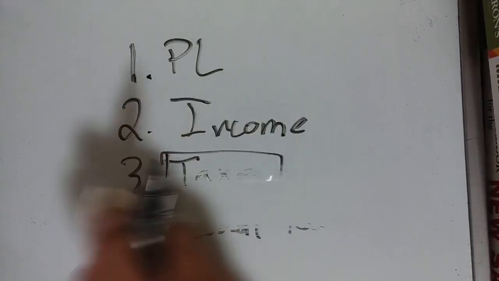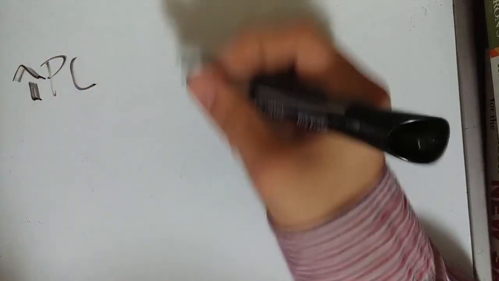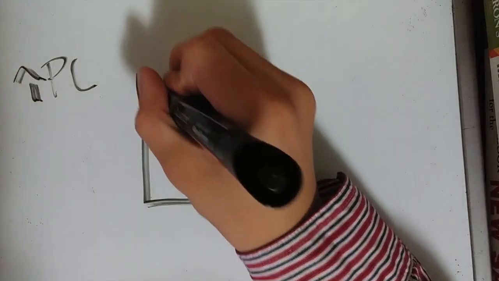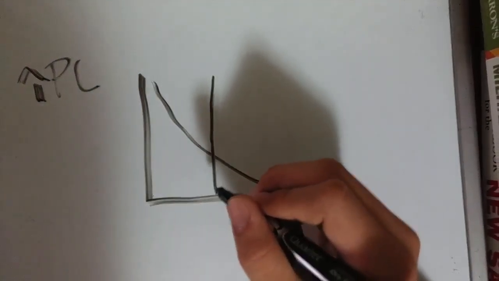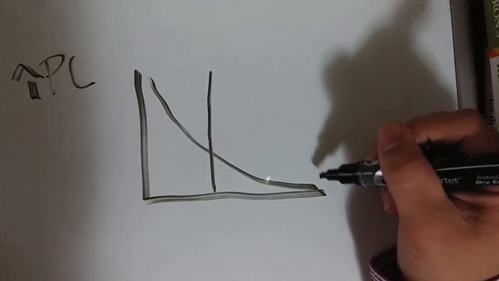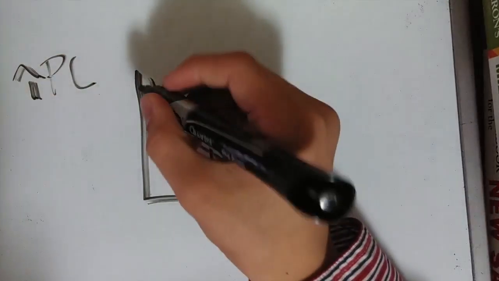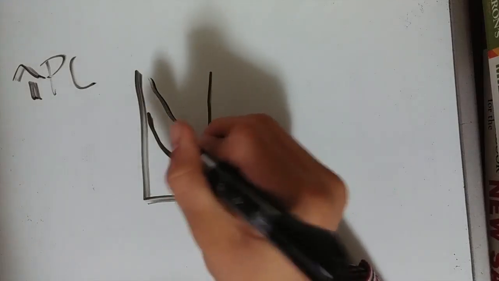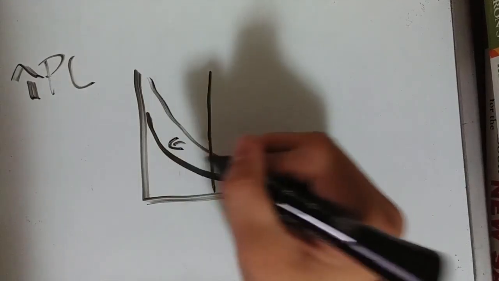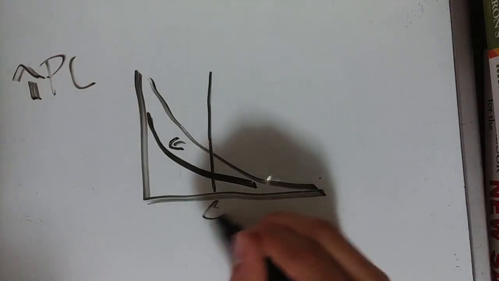So let's take a look at the graph. So, price level increases. Here we go. Boom. You increase the price level, the demand for money is going to shift to the left because now everything costs more. So, demand for money shifts left. All of the shifters of demand will not affect quantity.